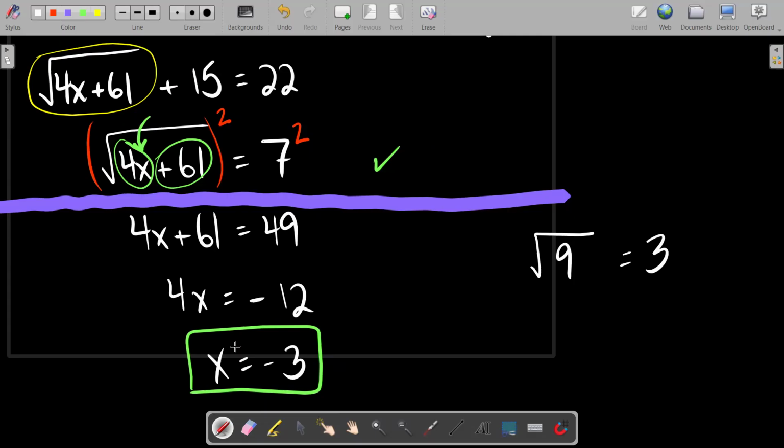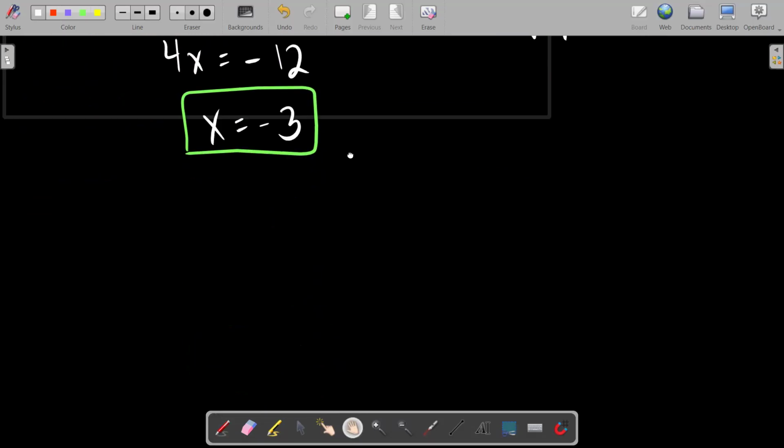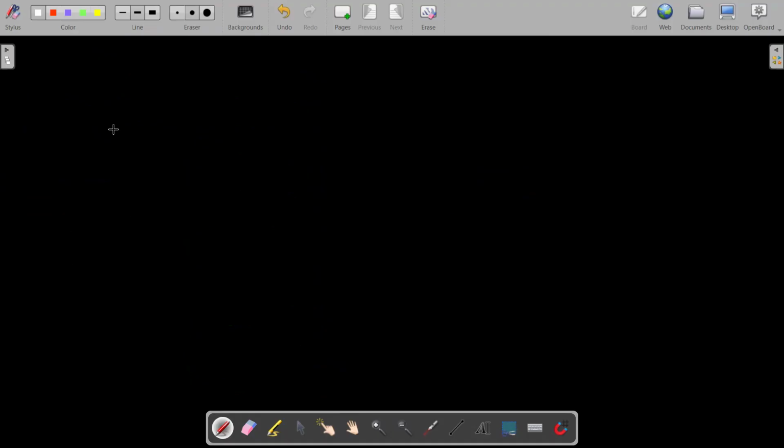Okay, let's go again. Round 2. Square root of 5x minus 11 minus 5 equals negative 3. Step 1. Correct.